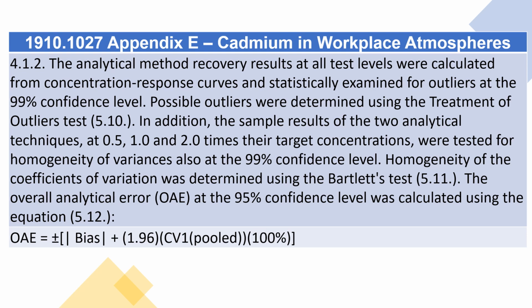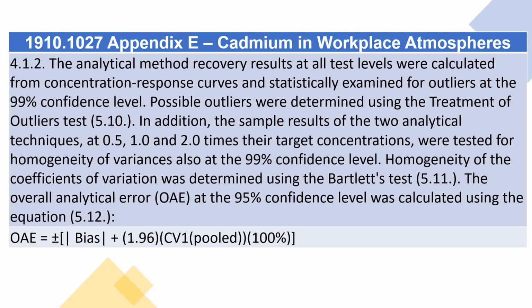4.1.2. The analytical method recovery results at all test levels were calculated from concentration response curves and statistically examined for outliers at the 99% confidence level. Possible outliers were determined using the treatment of outliers test, 5.10. In addition, the sample results of the two analytical techniques, at 0.5, 1.0 and 2.0 times their target concentrations, were tested for homogeneity of variances also at the 99% confidence level.